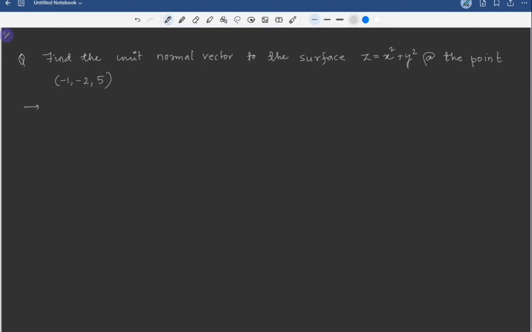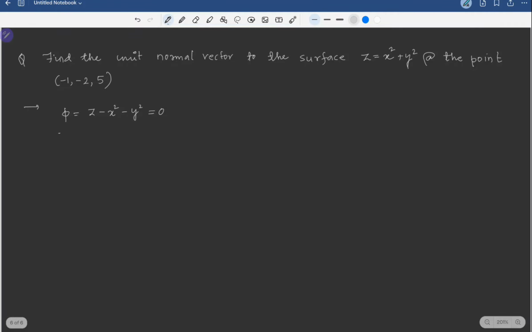Just directly apply the formula. Let's define the function first. The RHS is in terms of x and y, and the LHS is in z. So we can write the function as phi equal to z minus x squared minus y squared is equal to 0.